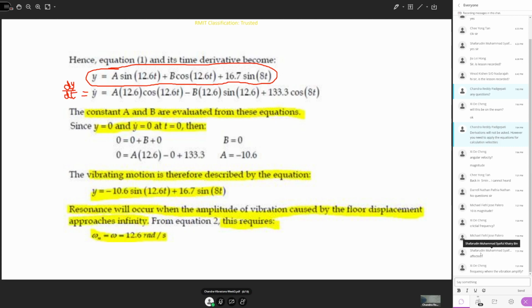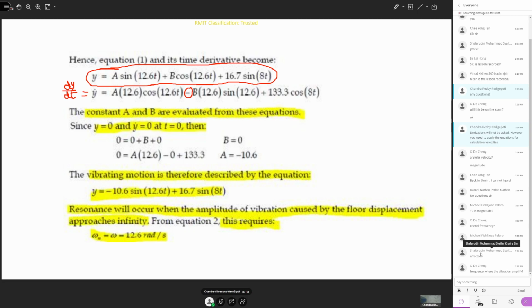Okay, so if you take the derivative of a sine 12.6t, you multiply by this 12.6, omega, cos omega t. Similarly here, b cos differentiation becomes negative, so it comes with a negative sign: minus b omega, that is 12.6, into sine omega t.